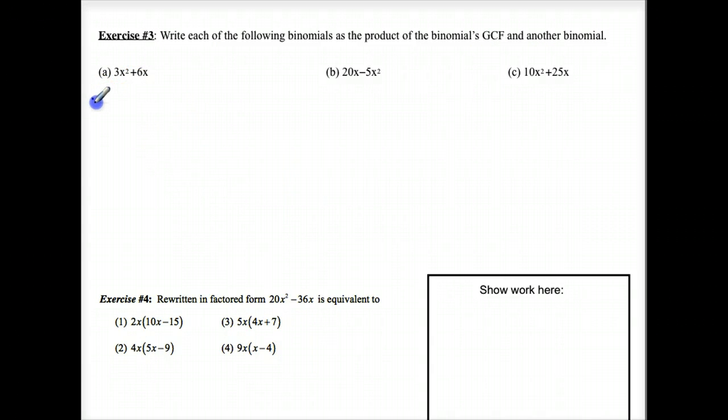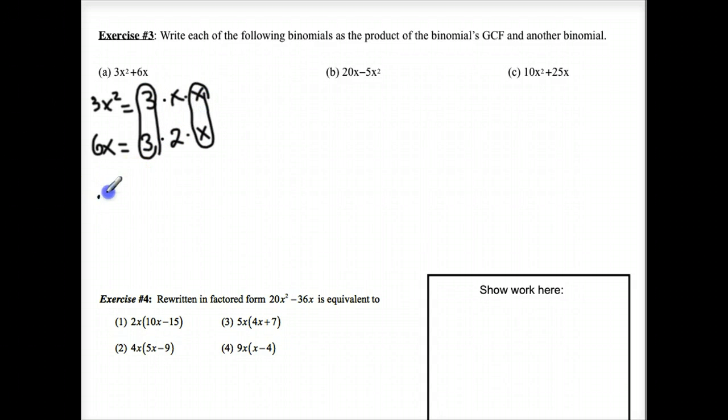So, 3x squared, I know 3 is prime and x squared is x times x. 6x is 3 times 2 times x. They have a 3 in common, and they have an x in common. So I'm going to take the 3x outside, and x is left over, plus the 2. Remember, how do I know what sign to put here? It comes from the top here, okay?